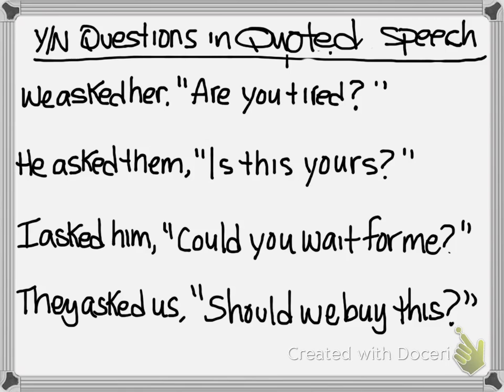Are you tired? We have a verb, we have a subject, and we've got a main verb. Or we've got an adjective here. Right? Is this yours? Is a verb, this is a subject, and yours is a pronoun.